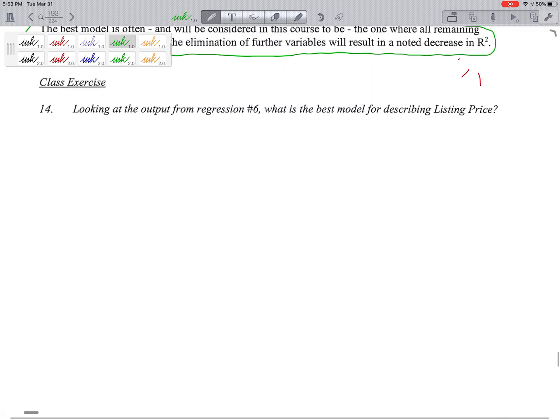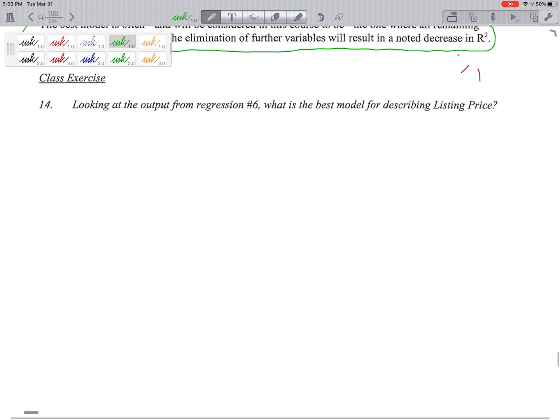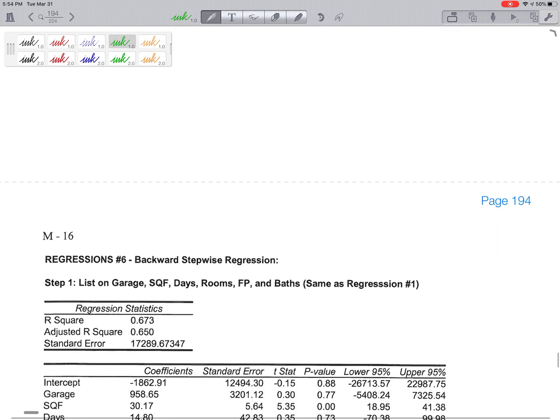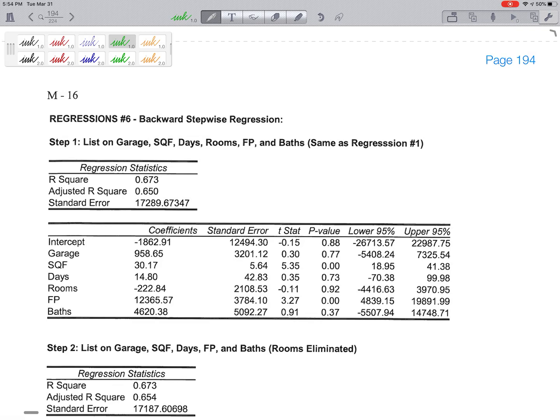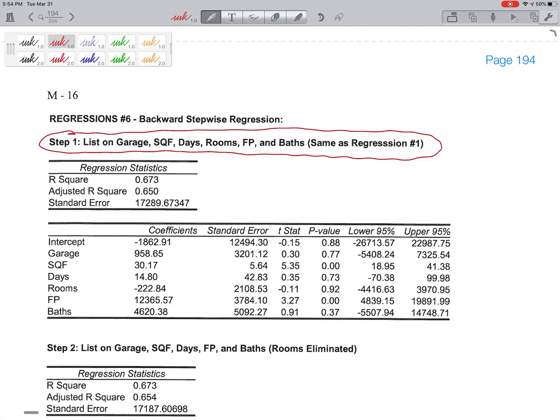I'm going to walk us through a stepwise procedure, and then we'll come back and answer this question here. So on page 194, page M16, we're starting with step number 1, which is the full model, and this is exactly the same as regression number 1 on page M5.